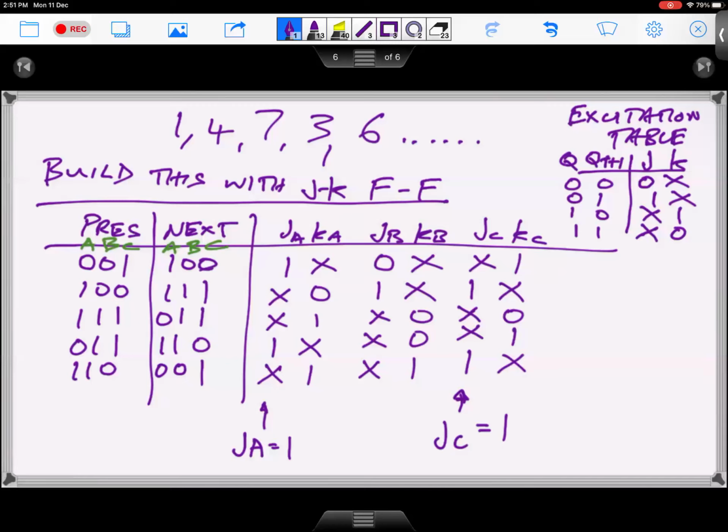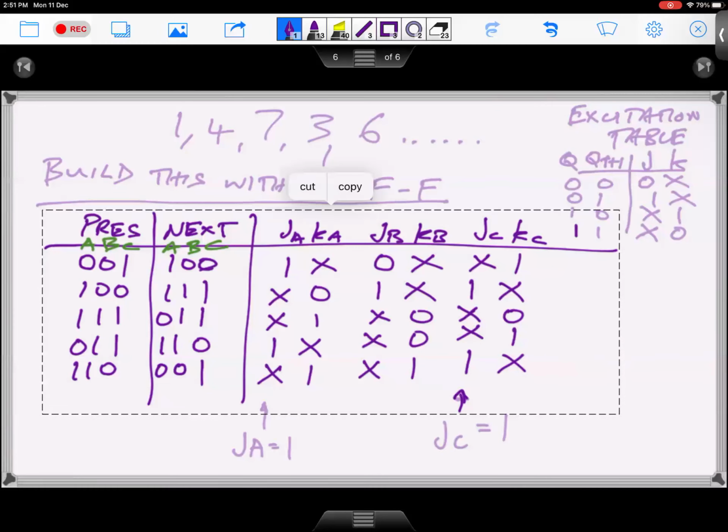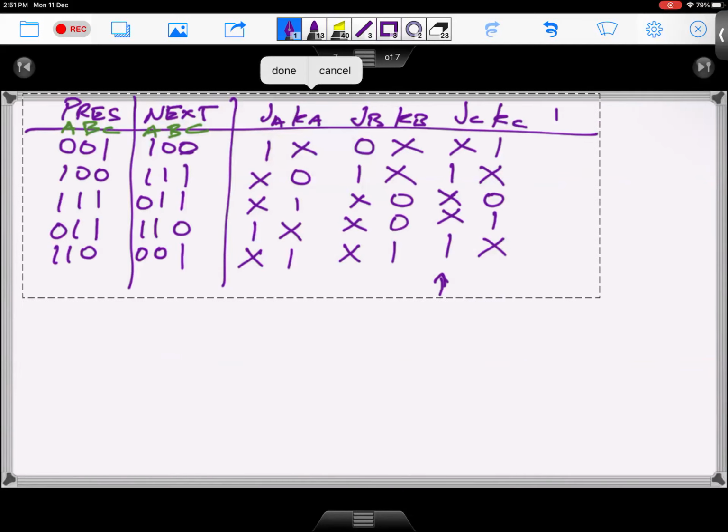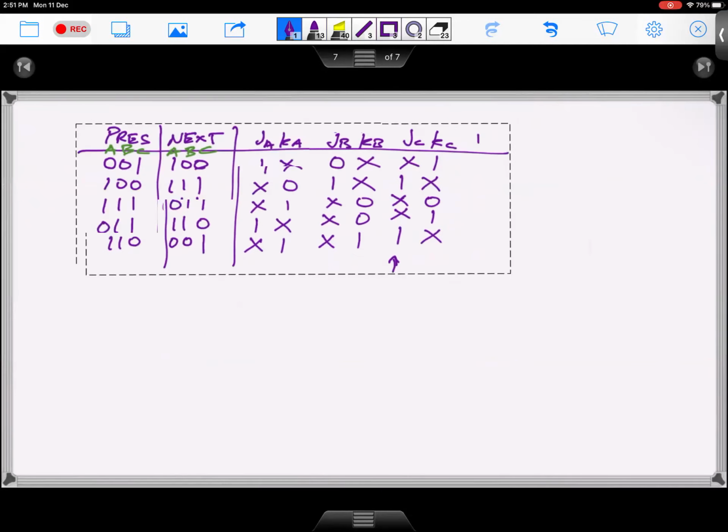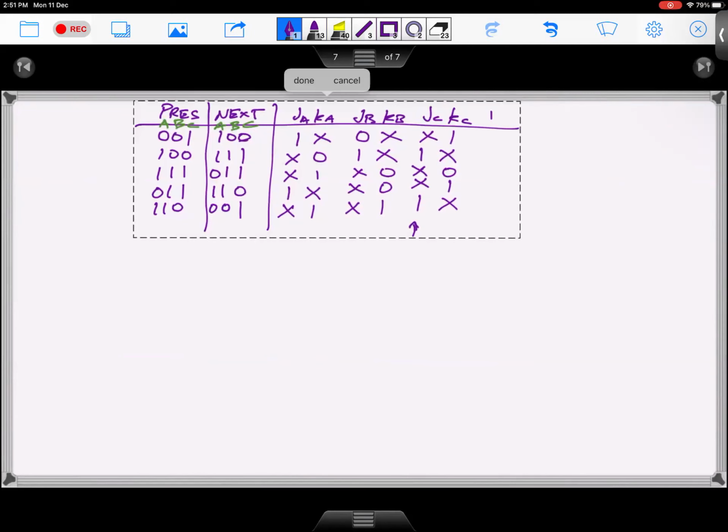Then we only need to draw 4 Karnaugh maps. In order to do that, we've got to get this little diagram here quickly onto the next page. Right, copy. Shrink them down.